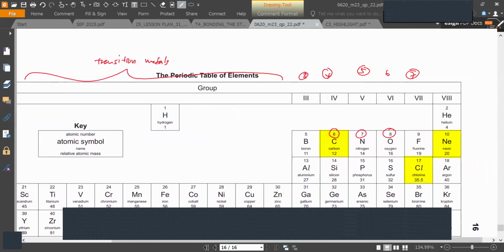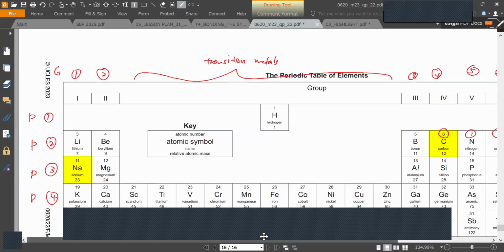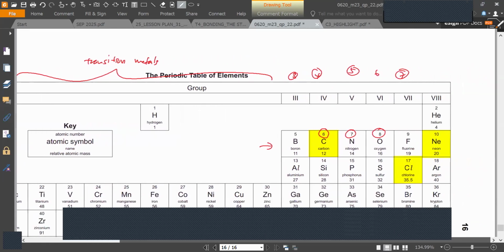So we want period 2 and then group 7. So what we want is actually fluorine. Fluorine is the element that we are looking for.